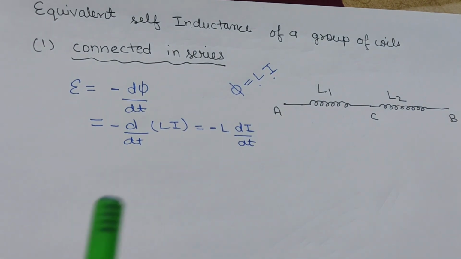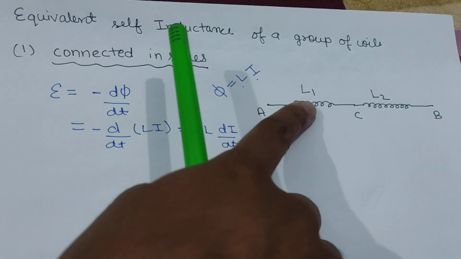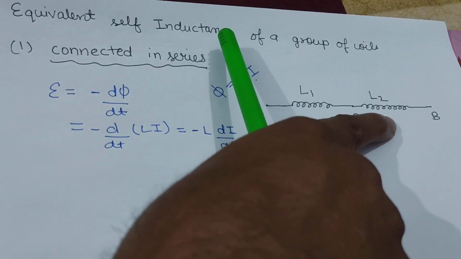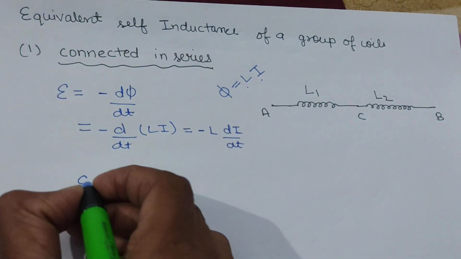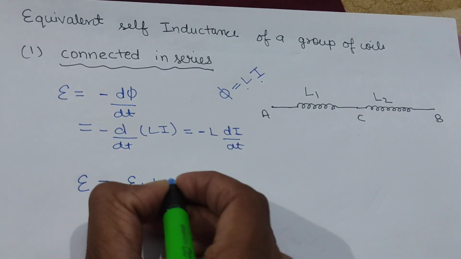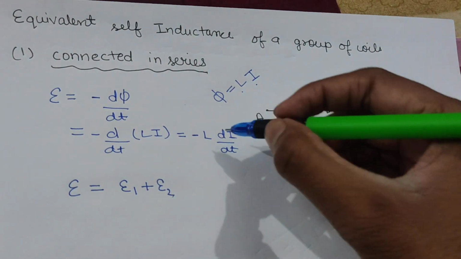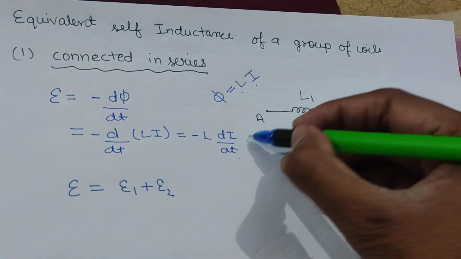Now, looking at the diagram, this is the inductance L1 and this is the inductance L2. We take the total EMF, which is E1 plus E2.